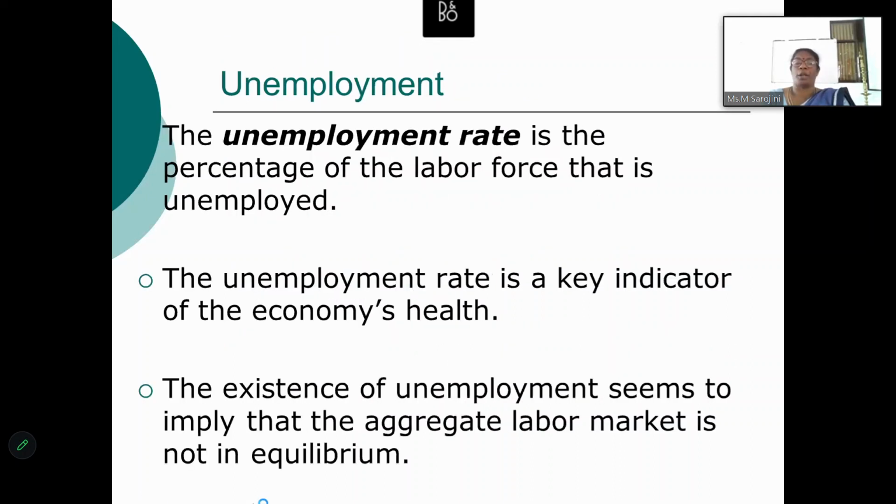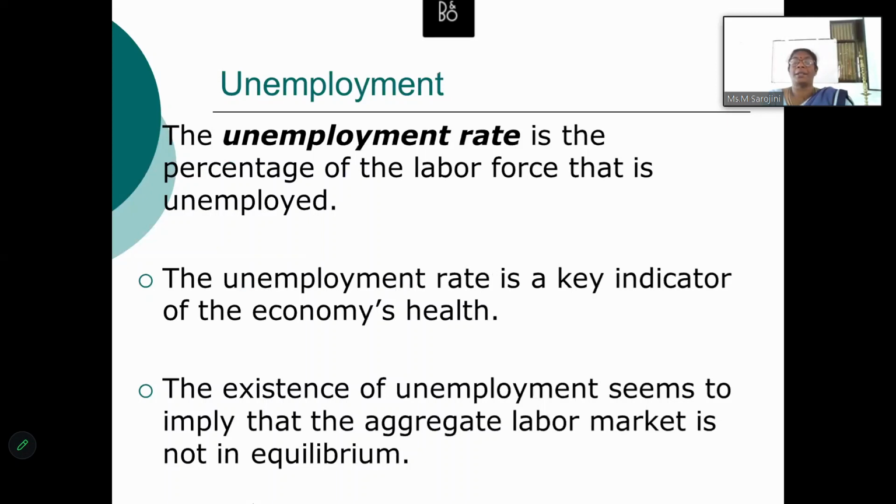Then the unemployment. The unemployment rate is the percentage of the labor force that is unemployed. What is unemployment? The people are willing and qualified for work, but there is no employment opportunity.